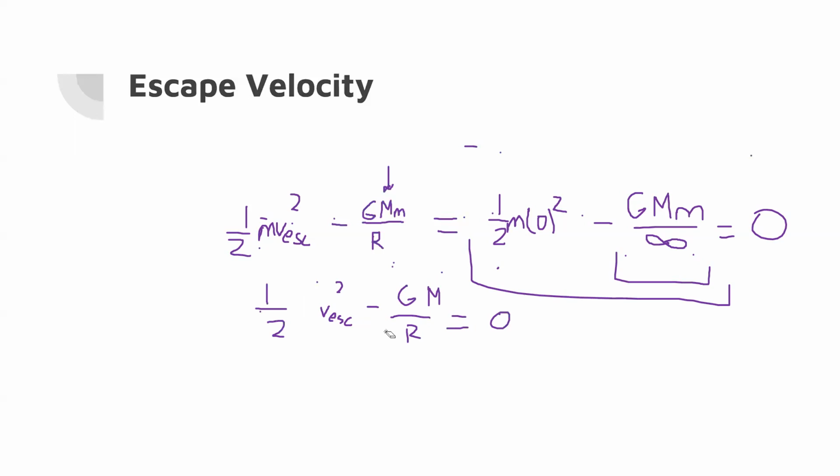Solving for the escape velocity, v escape is the square root of 2GM over r.